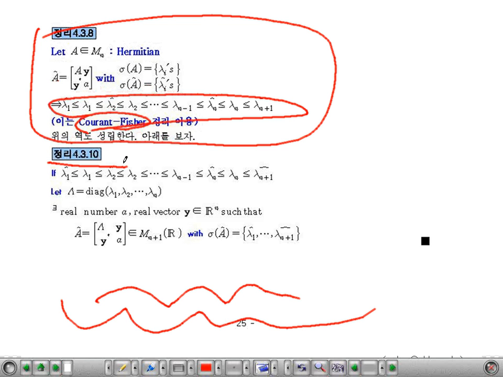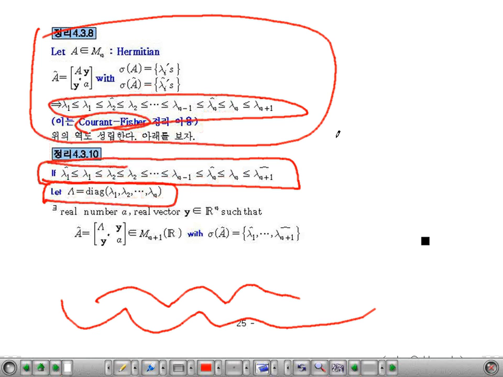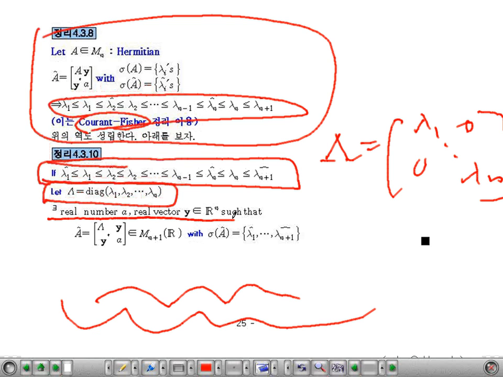Okay. Here, theorem 4.3.10. If we have this structure, let sigma be a diagonal matrix, lambda 1 to lambda n. Then there exists a real number alpha and a real vector y such that A hat has this form, and this matrix has lambda 1 hat, lambda 2 hat, up to lambda n plus 1 hat as the eigenvalues.